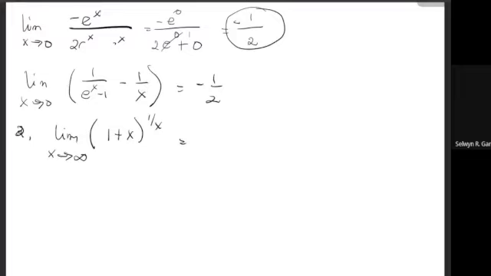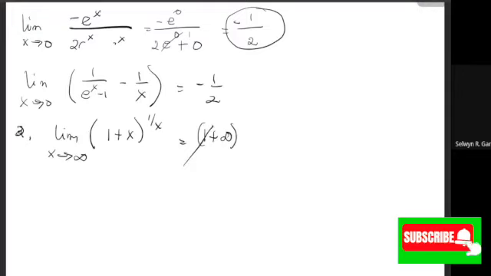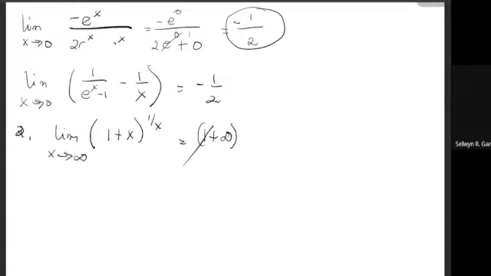We have 1 plus infinity. Definitely this is infinity, because you have a very huge number and you add one to it. Well, it is still infinity. Raised to 1 over infinity. What is 1 over infinity? What is a constant divided by a very, very huge number? The answer is, what's the answer, class?